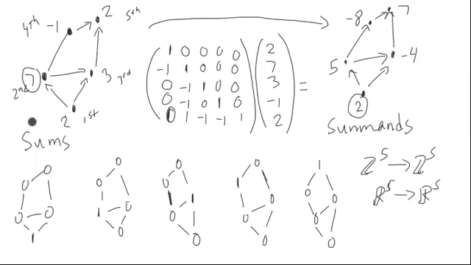So going from sums to summands, these are called summands because they're pieces of the sum added together. So we'll call these vertices the summands over here, this solution map. And we'll call this map from sums to summands the solving map.